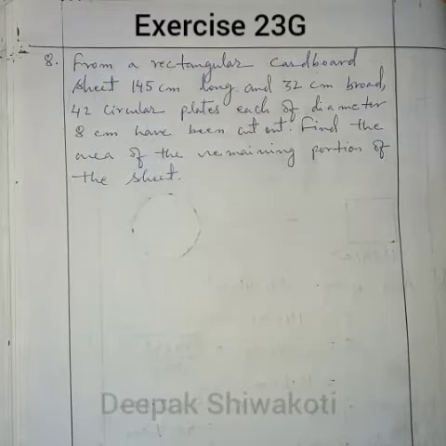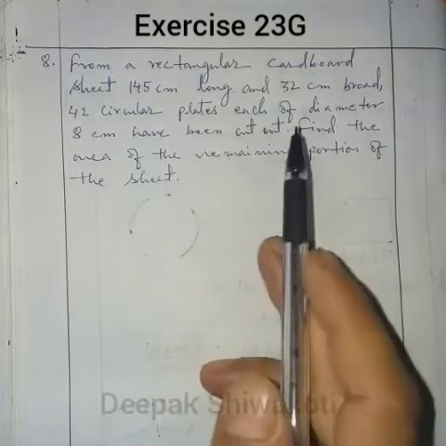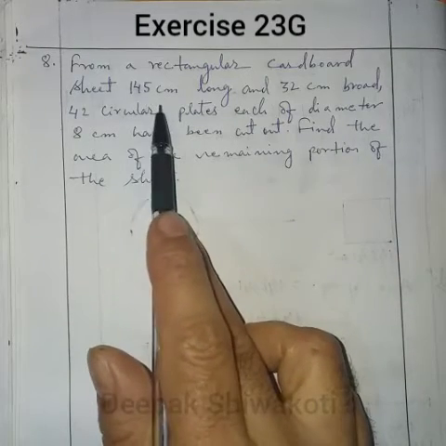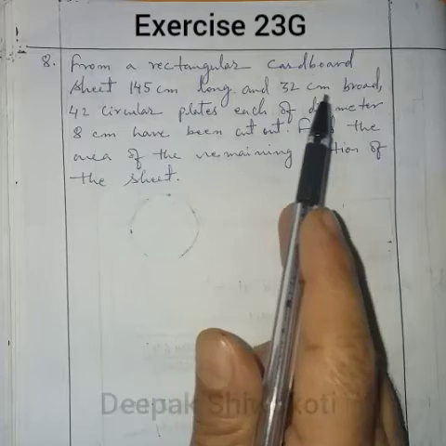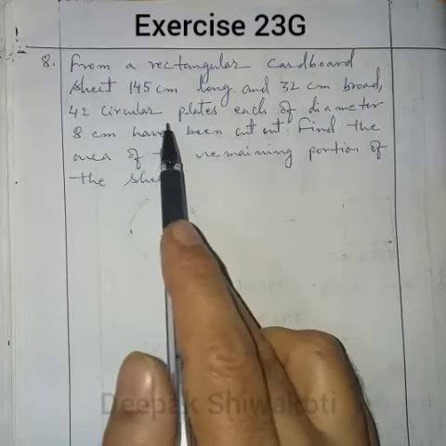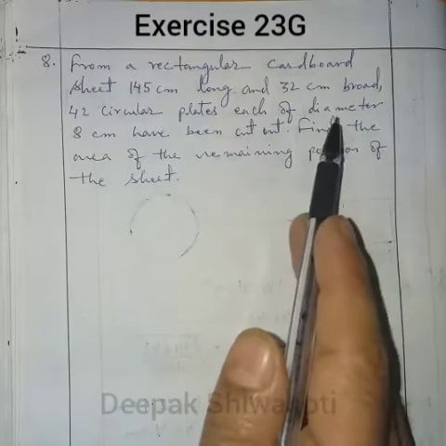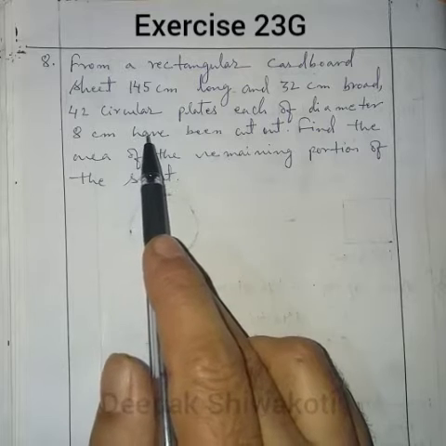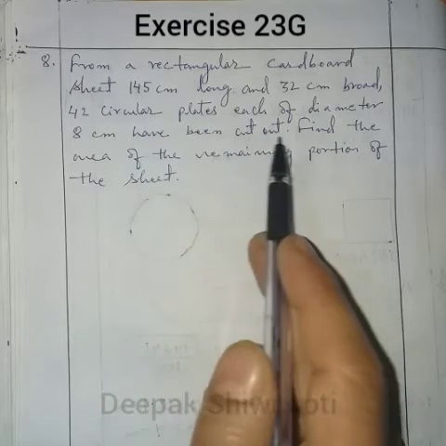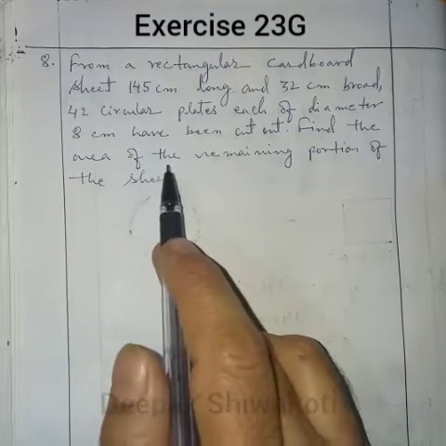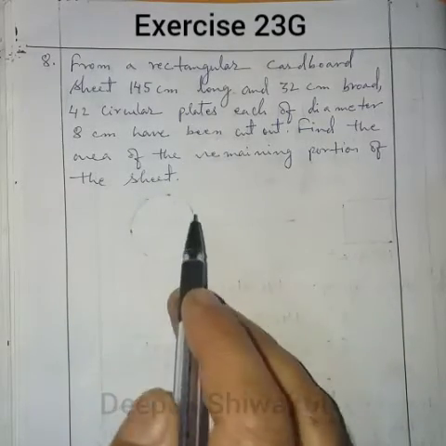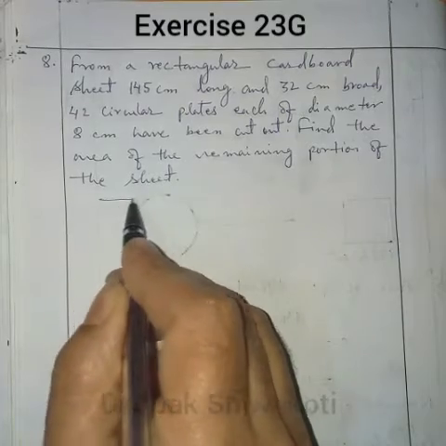Question number 8. From a rectangular cardboard sheet 145 centimeter long and 32 centimeter broad, 42 circular plates each of diameter 8 centimeter have been cut out. Find the area of the remaining portion of the sheet. So a rectangular cardboard is there.